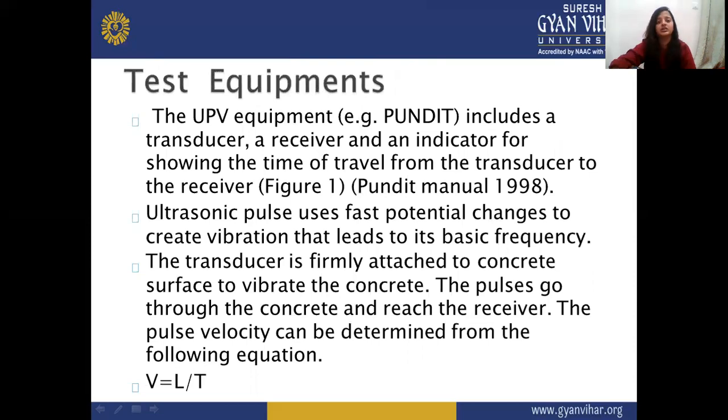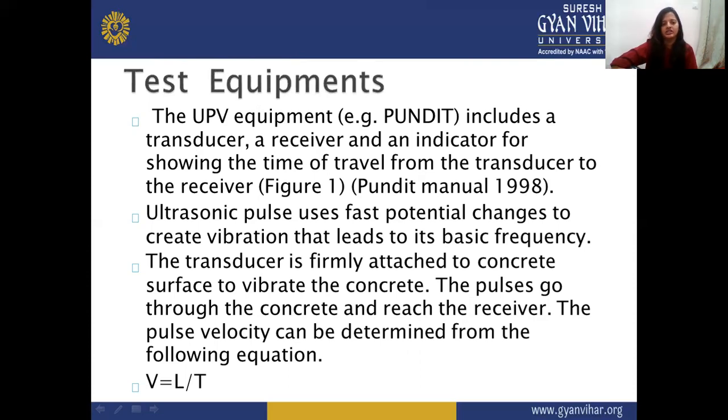Test equipment: the ultrasonic pulse velocity equipment, which is also known as PUNDIT, includes a transducer and a receiver and an indicator for showing the time of travel from the transducer to the receiver. We will see it in figure 1, but the manual has also been put out, which tells you how to read the indications, mentioned in the PUNDIT Manual 1998.